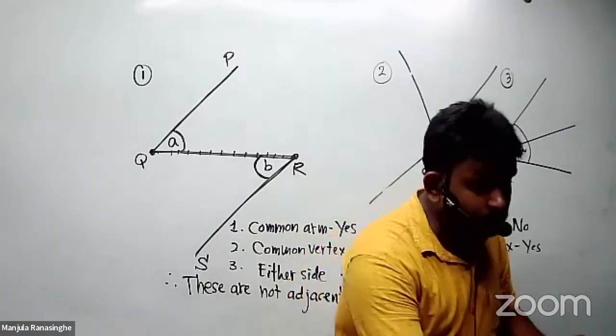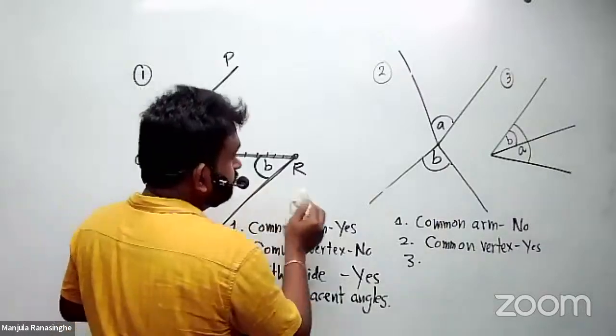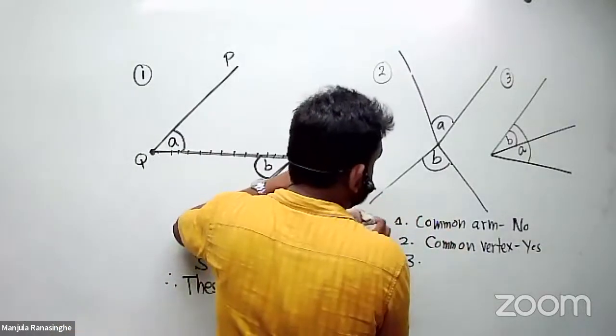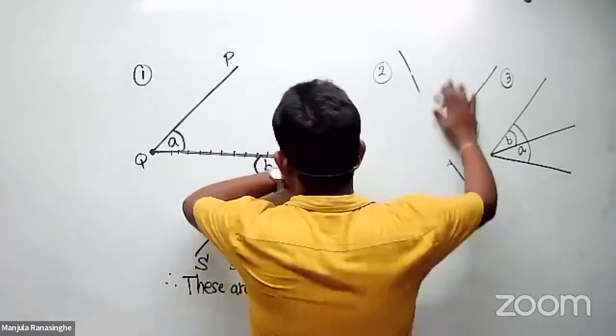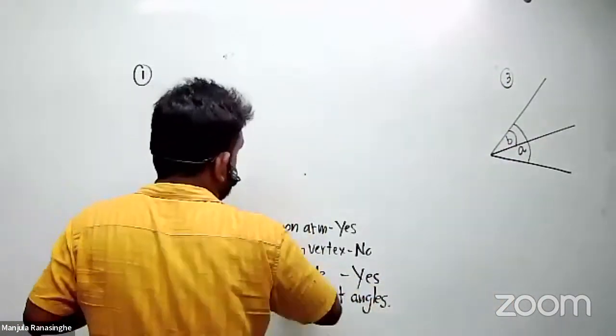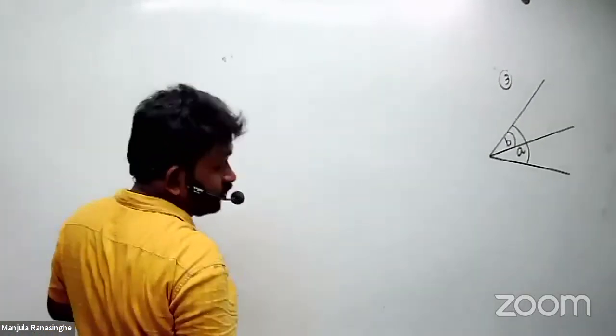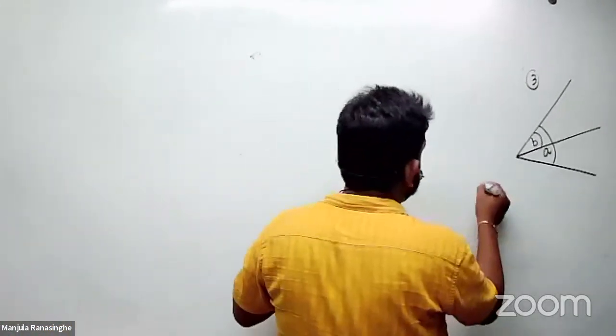Right, Putta. So the third question, the last question, see that. So the last question: having a common vertex, a common arm. Tell me, having a common arm?